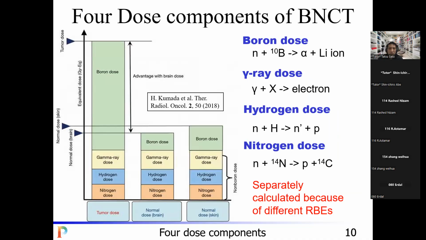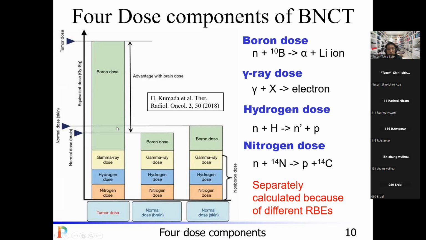Okay, so let's go to the next part. This part is rather different from the original part. So for those components of BNCT, as you may know, BNCT dosimetry doses are distinguished by 4 dose components.